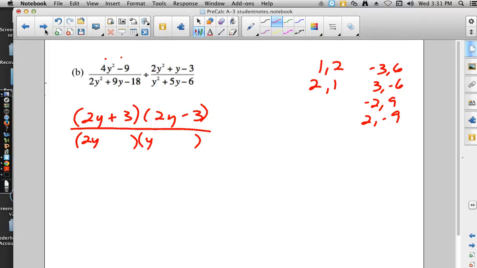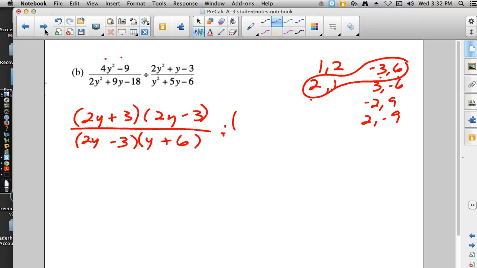Oh, well, if I could get a 12 and a negative 3, that would do it. Outside times outside plus inside times inside. 12 minus 3 is 9. So we've got our 2 and our 1, and we need a negative 3 and a 6. And again, you could just get that by trial and error. Put some in there until things work out nice for you. So that's what we have in front.